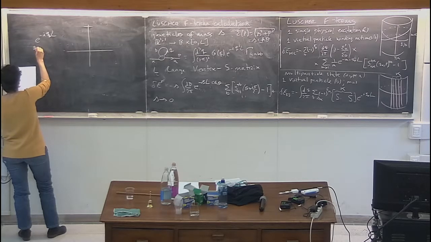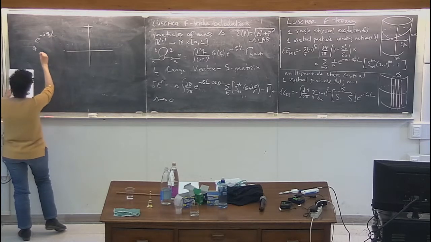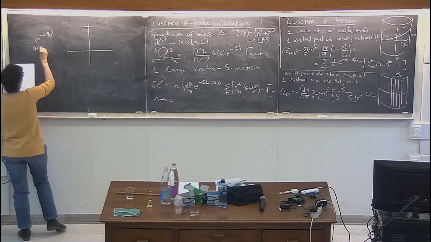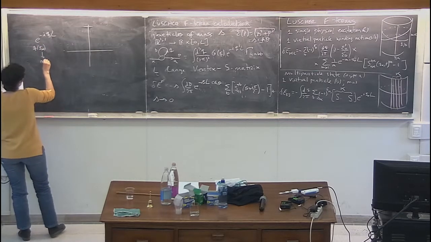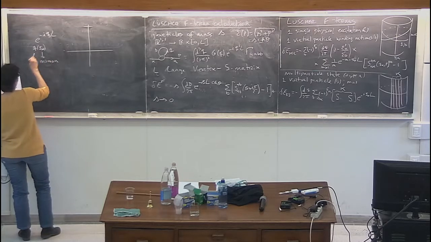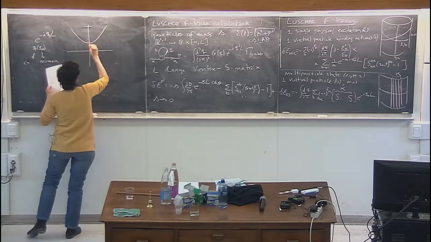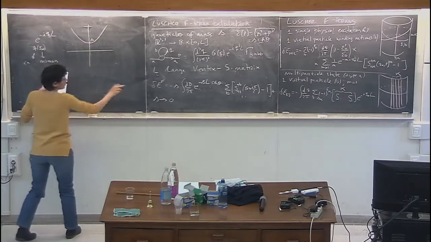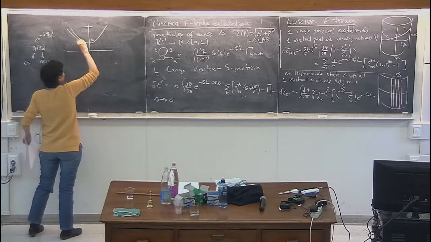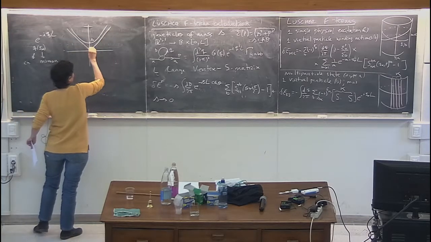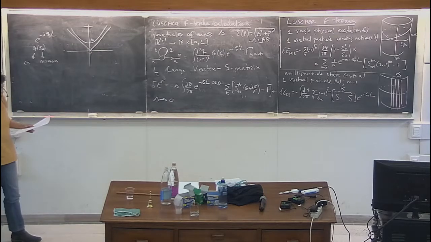So q star is going to be the momentum, this is going to be the energy. And typically you have something like this, where the minimum of that exponential is going to be at the mass S. But if S goes to 0, the minimum goes to 0, and at this exact point, the contribution will be non-exponentially suppressed.